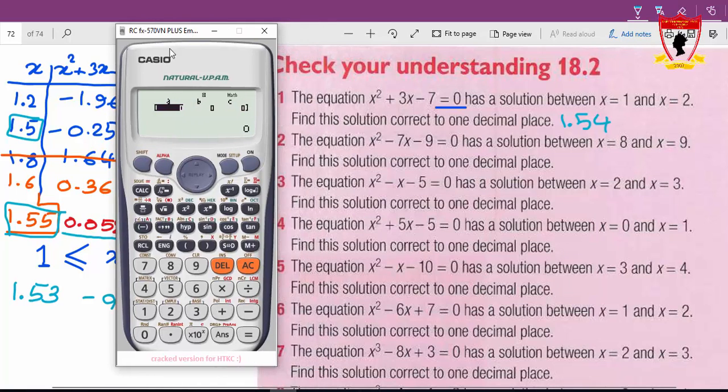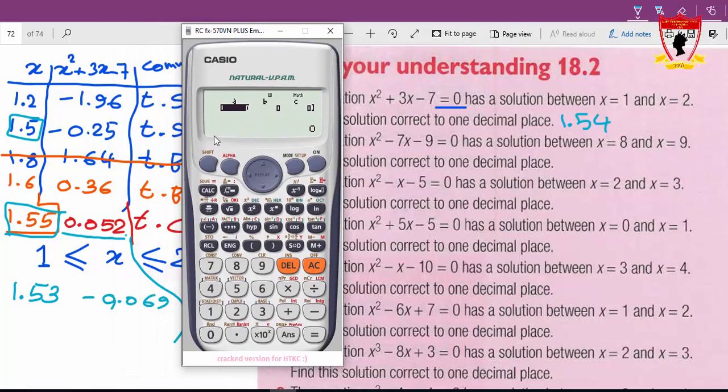Okay, this a stands for the number which is right in front of x squared. Since here we don't have any number in front of x squared, it means it's just positive 1. Then press equal. B stands for the number which is right before the next variable, which is x. This is positive 3.